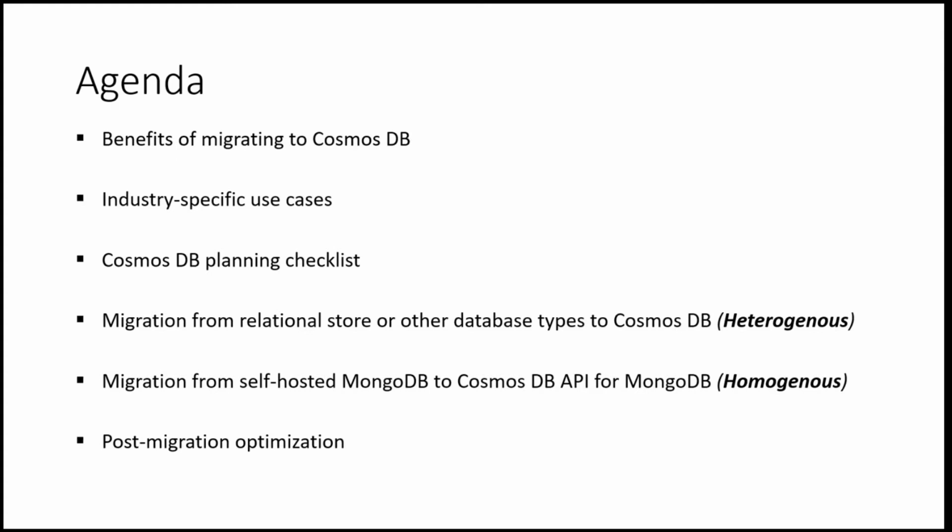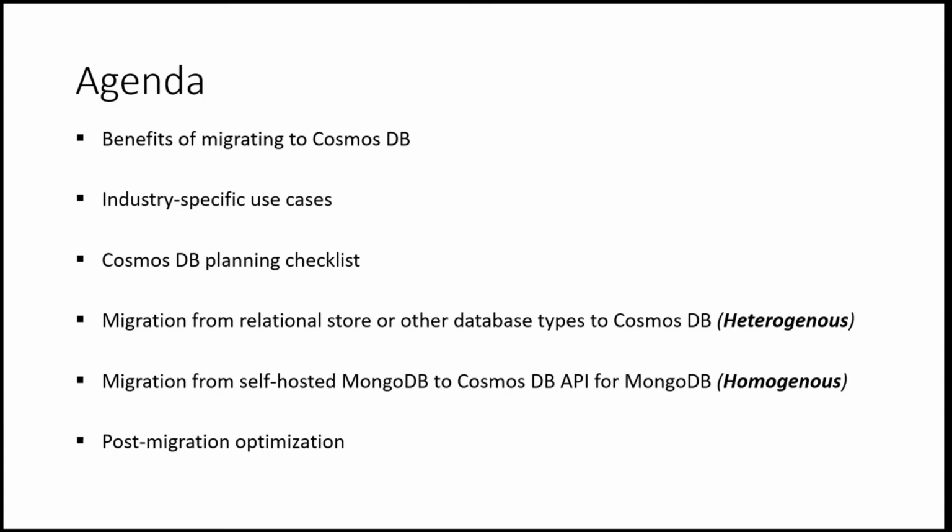So we'll look at a few of those common use cases and patterns that we have seen over the years. We will also look at a planning checklist. For any new platform you're migrating to, you need to familiarize yourself and keep a few things in mind before you start. So what are those top things that you need to take care of or look into when you're planning a migration to Cosmos DB? We'll look at those few points.